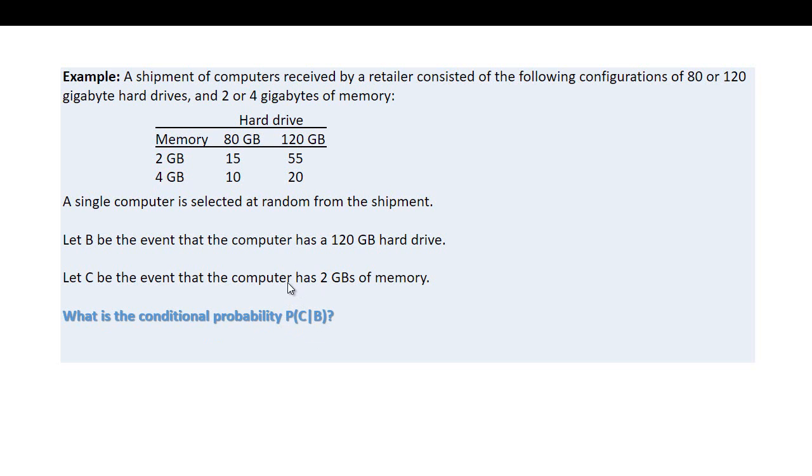Well, in this case our sample space reduces to B. So we're looking at the computers that have 120 gigabytes of hard drive. There is a total of 75 computers with a 120 gigabyte hard drive, and 55 of them have 2 gigs of memory. So we divide 55 by 75, and that's the conditional probability here. So we're going to get 0.73.